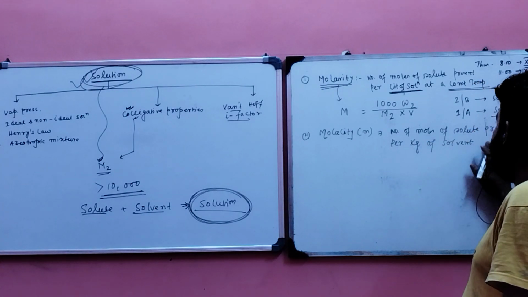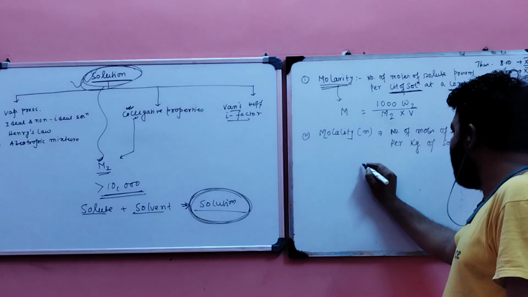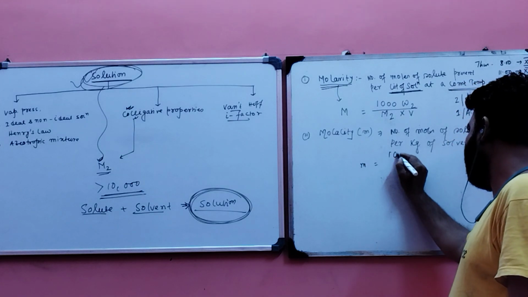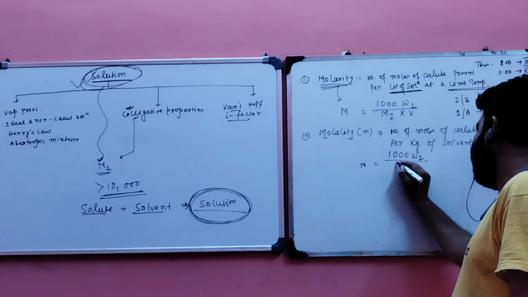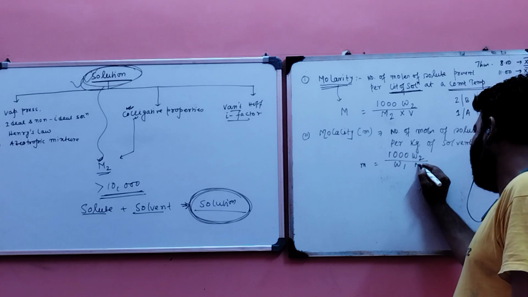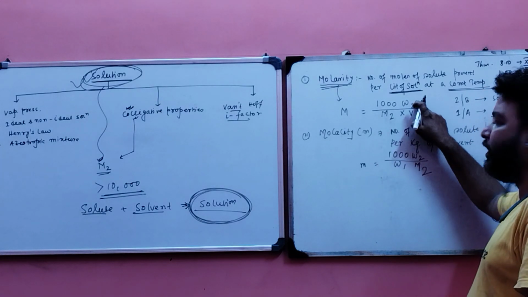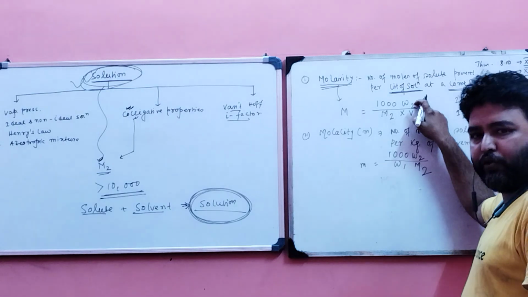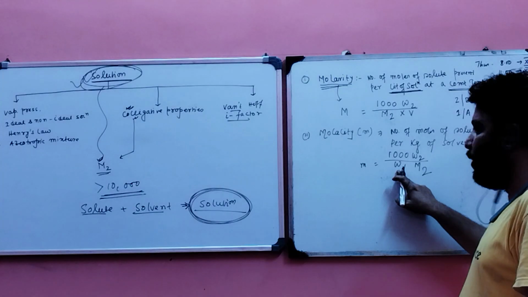So that's why I am not using the temperature term here. So molality equals 1000 W2 by W1 M2. Here W2 indicates weight of solute, M2 indicates molecular mass of the solute, and W1 indicates weight of solvent.